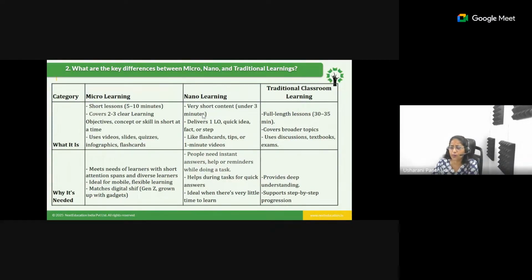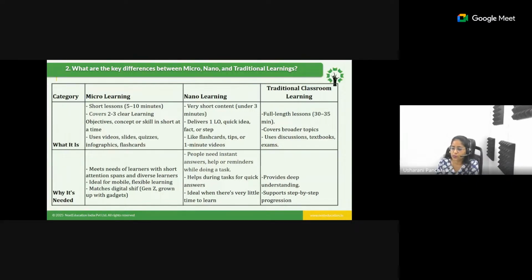Now coming to nano learning. These are very short content videos, less than 3 minutes, delivering one learning objective, a quick idea, as we already discussed. Here people need instant answers, help or reminders while doing a task. This is like a revision or a remedial measure. They got stuck at some place, so they just want to go and come back. That instant answer is what they're looking for, so they want a video of less than 1 minute.